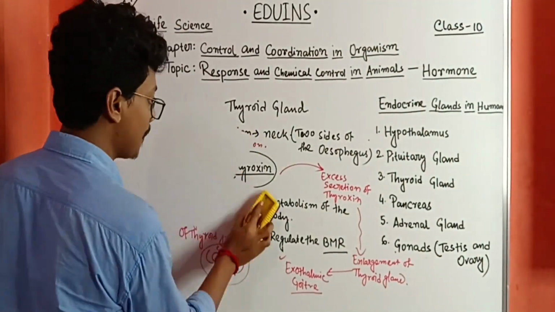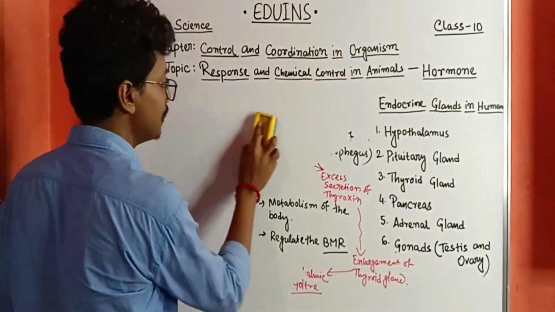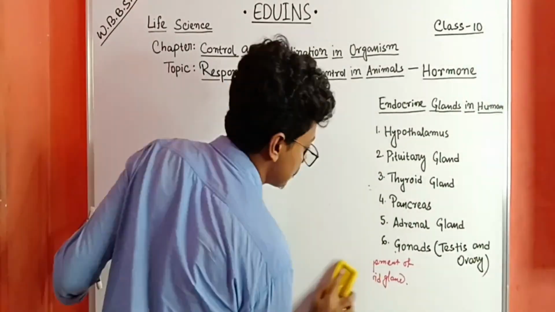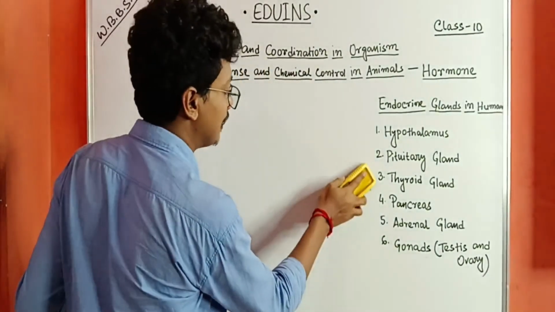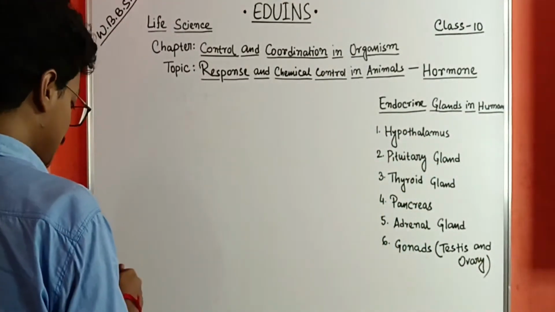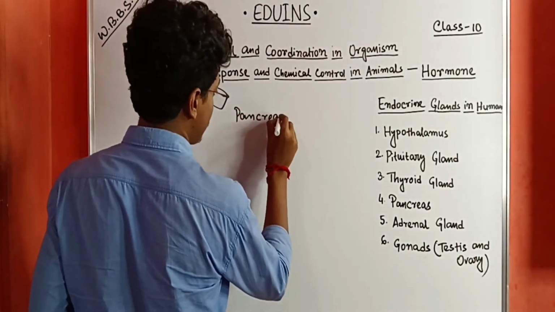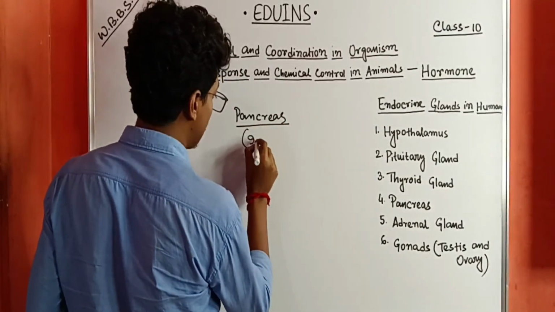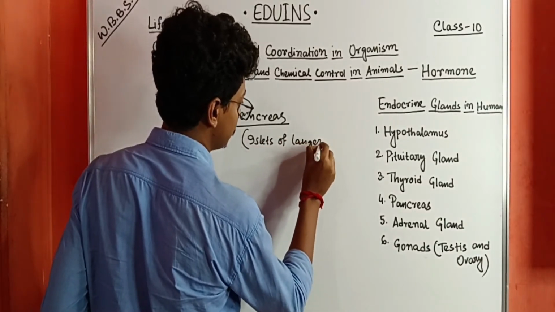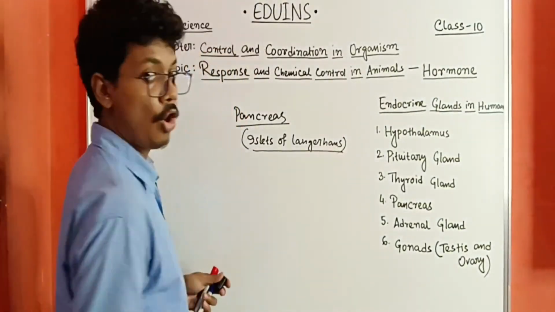Next one is the pancreas. I have previously mentioned that the pancreas is the mixed gland of our body. We know that the pancreas releases the digestive juices. Also, the pancreas has specialized cells called islets of Langerhans. These cells release hormones.